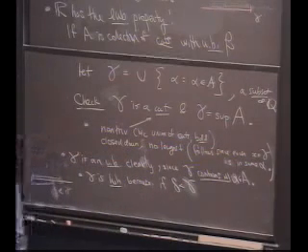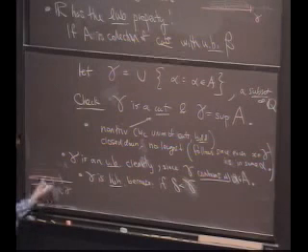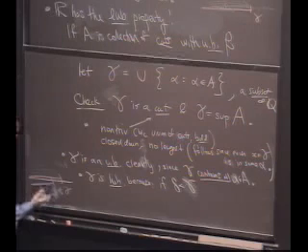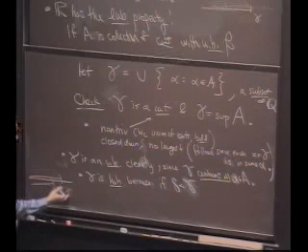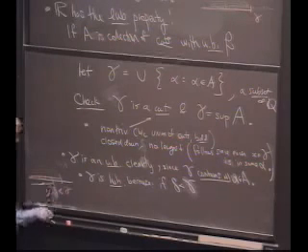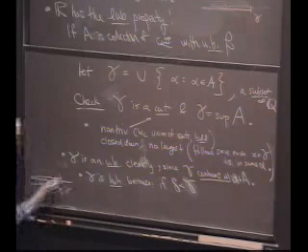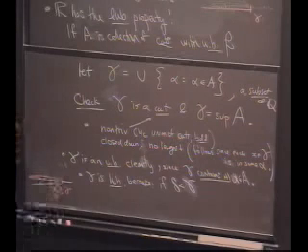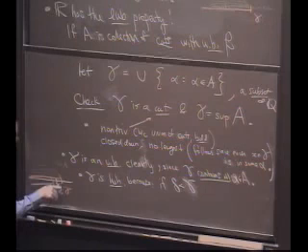then what does it mean for delta to be strictly less than gamma? It means that there is something in gamma that is not in delta. Let's give it a name. Let's call that element X. It is in gamma.